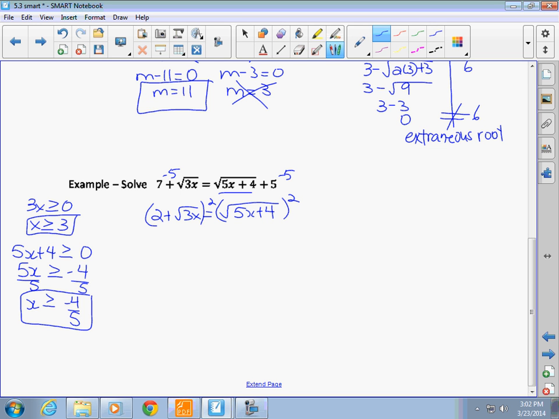On this side, I have a binomial being squared, so I need to do my shortcut answer. First thing I do is I square my first term, so that becomes 4, plus my middle term is equal to 2 times square root 3x times my exponent of 2, so that's 4 square root 3x.